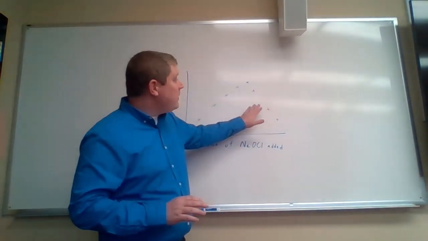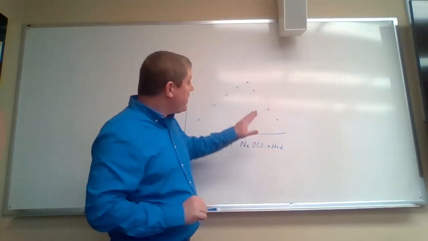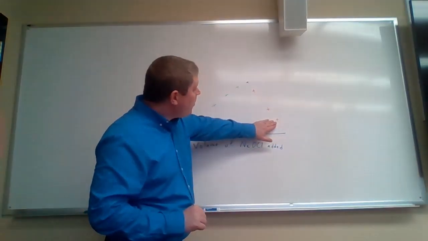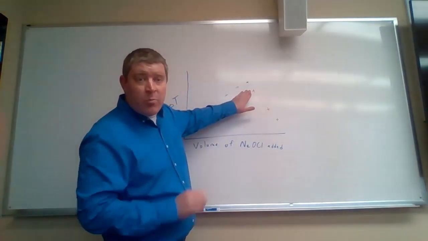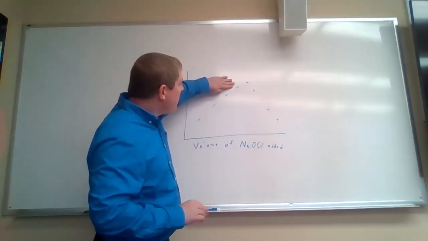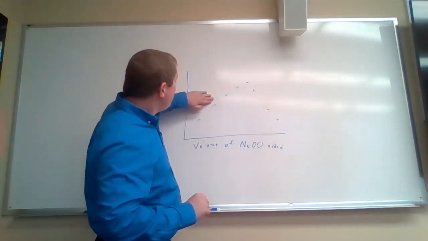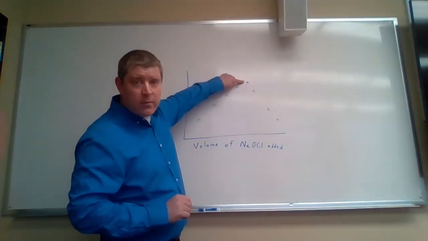You're going to separate these two into two different sets of data so that we can plot two trend lines. One involving the volumes higher than, but not including, the maximum temperature change, and a different set of data with volumes lower than and not including that maximum temperature change.